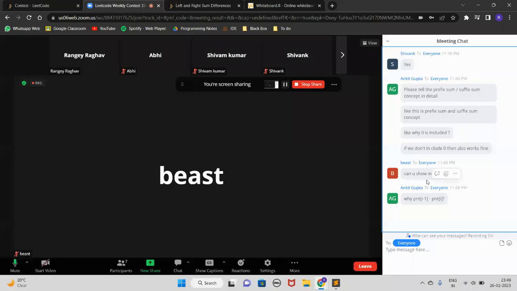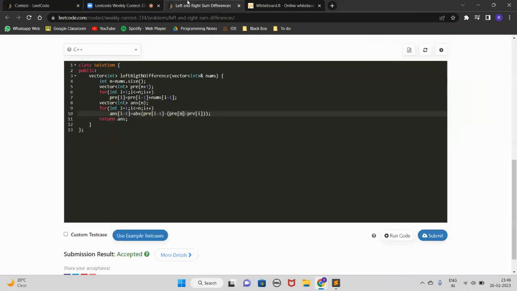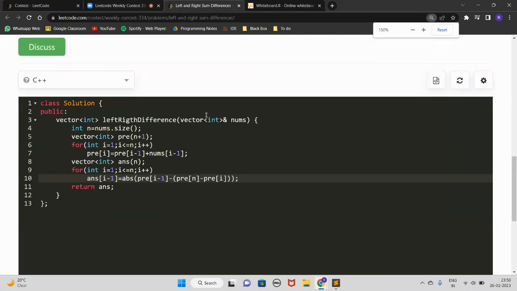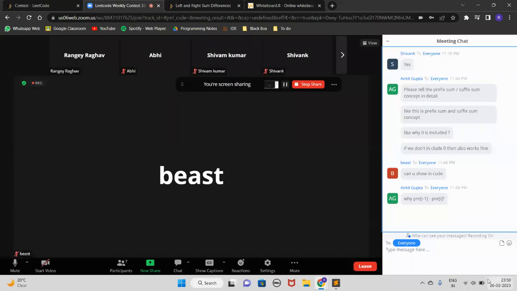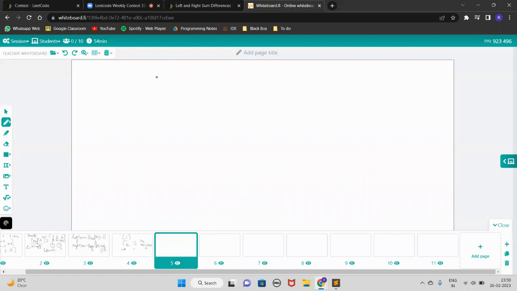So is this clear? It is equal to prefix of I minus 1 minus, and this is the right side value, prefix of n minus pre of I. The reason it is like that is because we have to find the right sum, meaning the sum of values to the right of it.